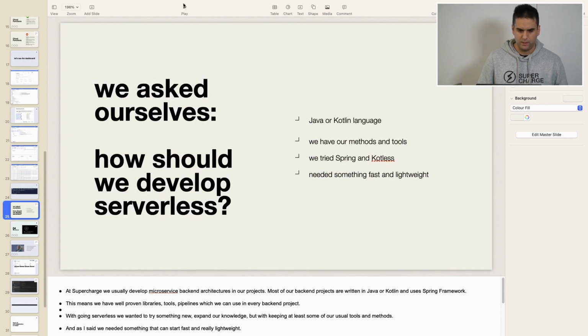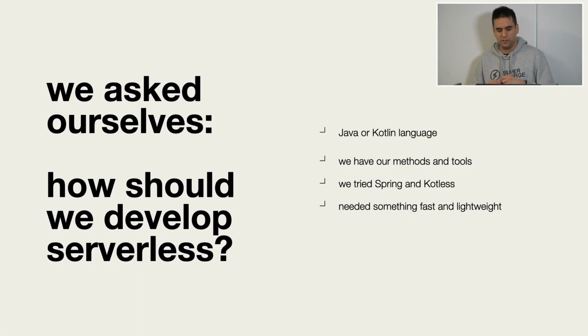Okay. So we asked ourselves, how should we develop serverless? We worked mostly with Java or Kotlin language. We are developing backend applications mostly with Java or Kotlin languages. And so therefore we have our methods and tools to use that. For going serverless, we tried Spring and Kotlin.